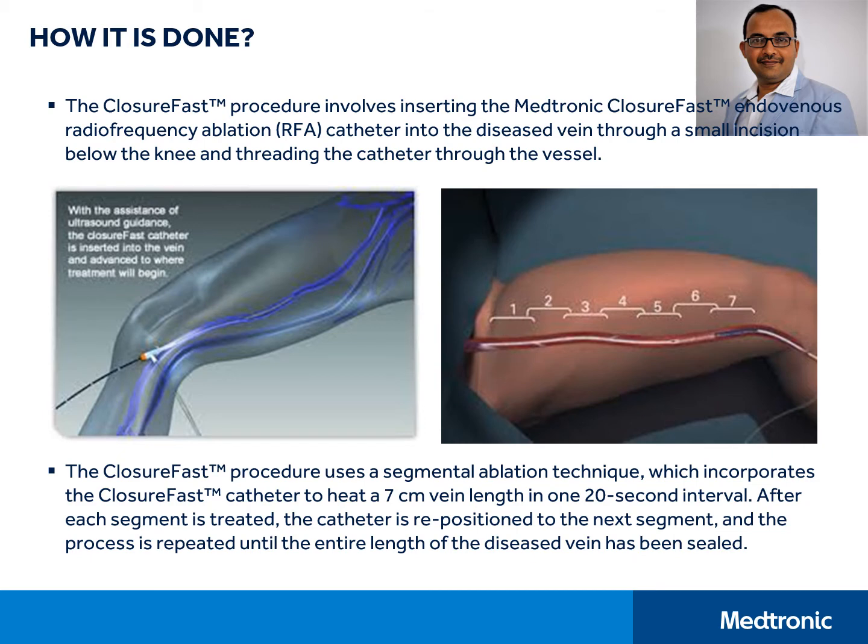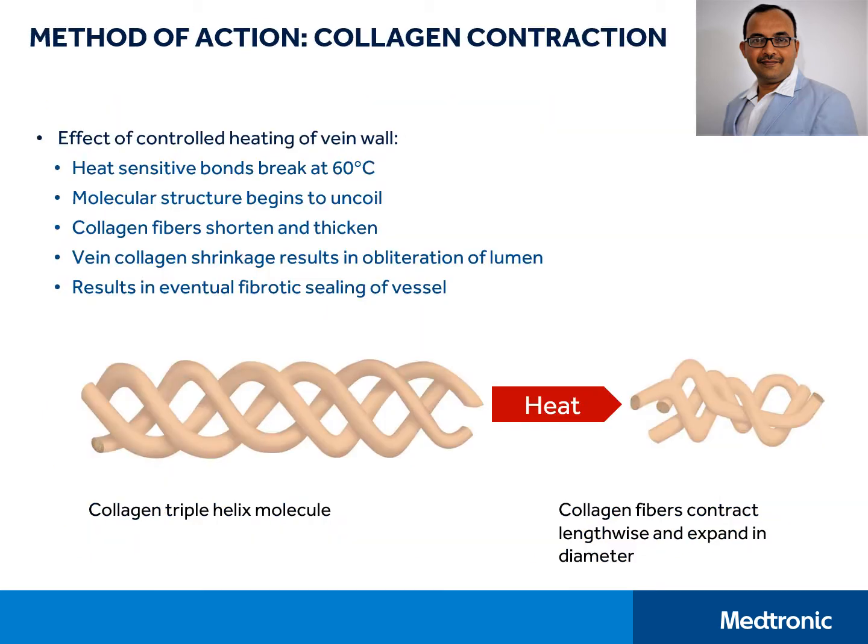Temperature goes up to 120 degrees Celsius at the tip of this catheter, and if it is beyond 60 degrees, the collagen fiber network of the intima of the varicose vein is destroyed, and it shrinks and obliterates the lumen, and gradually the intima of this varicose vein becomes fibrous, and it seals the lumen of the varicose vein.